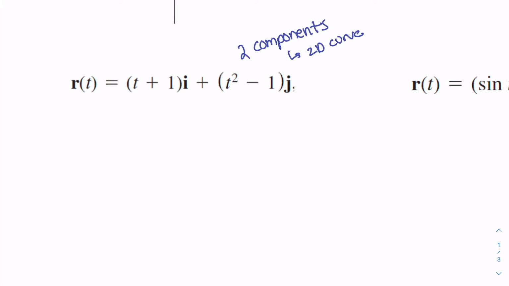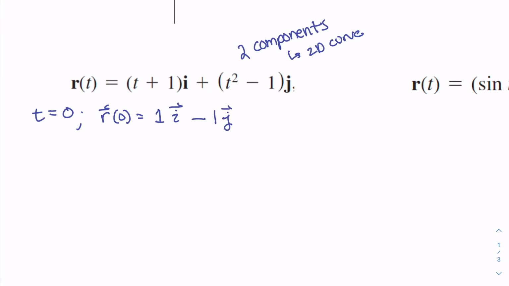So let's just try t equals 0. So we'll do r of 0, that's going to be 0 plus 1 in the i direction. So we'll just get 1i plus t squared, in this case 0 squared, minus 1 in the j direction. So we actually get minus 1j.